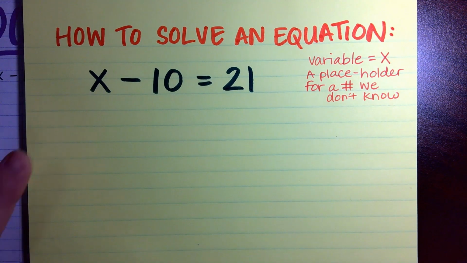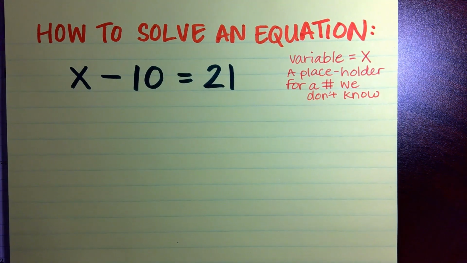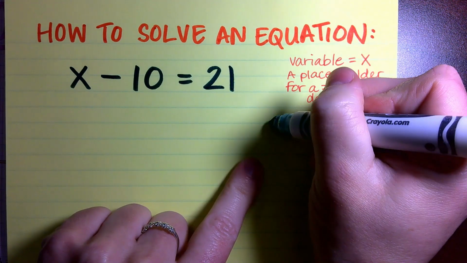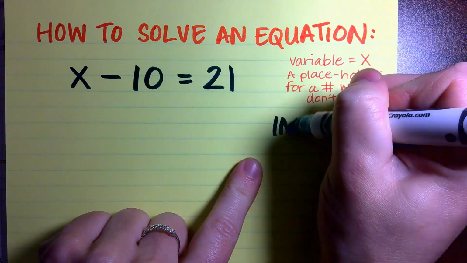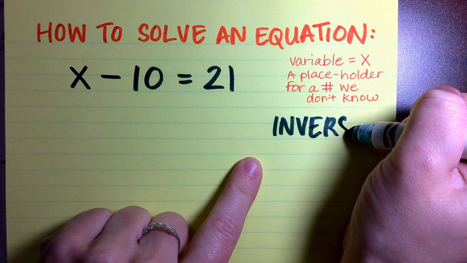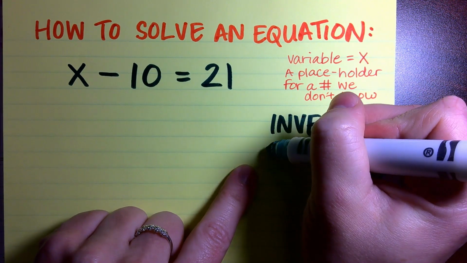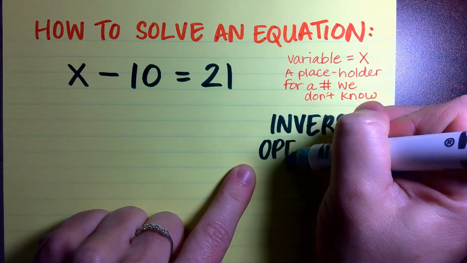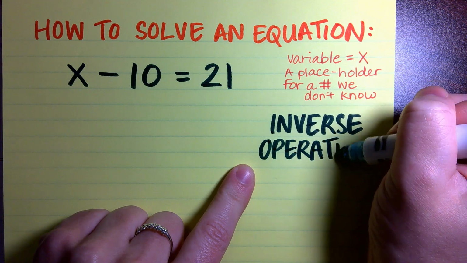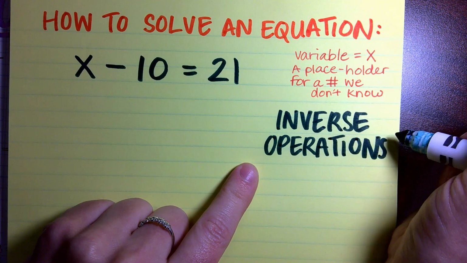Okay. So when we are solving an equation, there are some things that we need to know. This is going to sound really familiar to my Algebra 1 people I had last term. I want you to write this down. Inverse operations. As I'm finishing writing this, does anybody feel confident enough to explain to the class what inverse operations are?